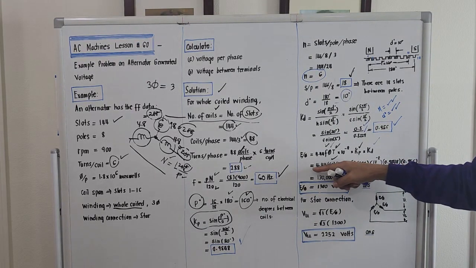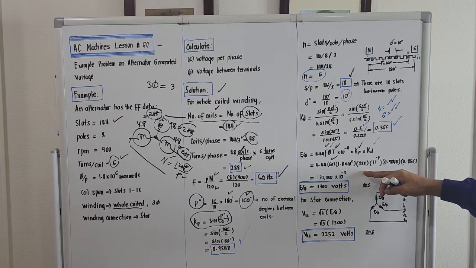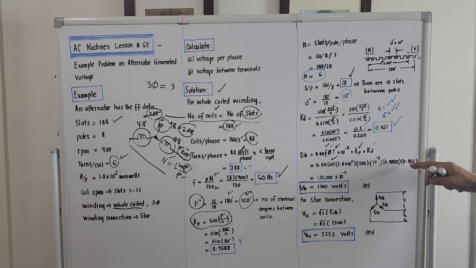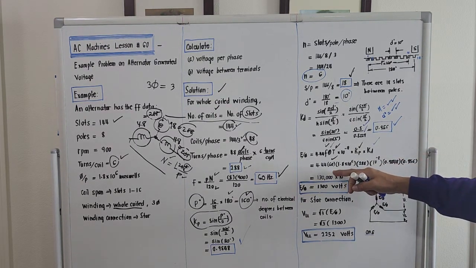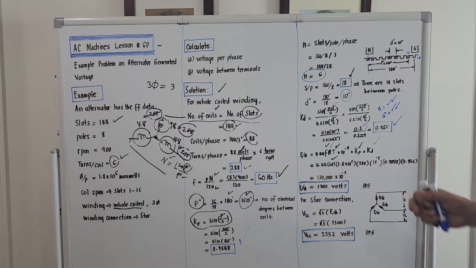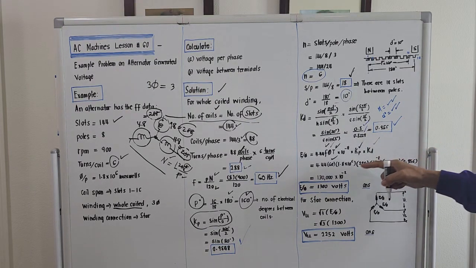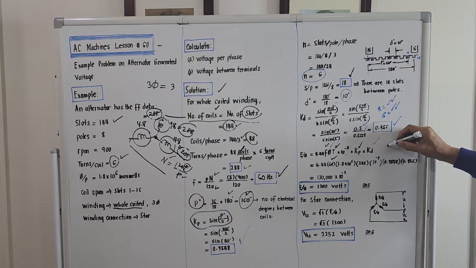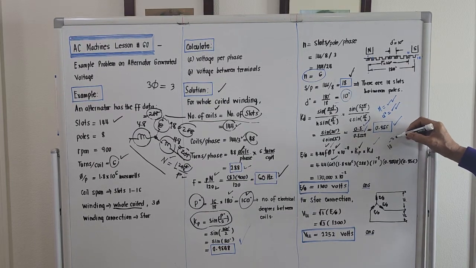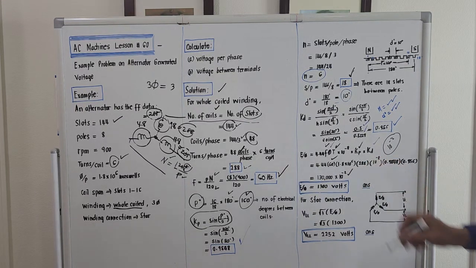We multiply all these numbers here. 4.44 times 60 times 1.8 times 288 times 0.9848 times 0.956, what will come out will be almost 130,000. And 10 to the 6 times 10 to the minus 8, law of exponents, right? 6 minus 8 will become 10 to the minus 2. So the resulting multiplier will be 10 to the minus 2. Law of exponents, algebra.